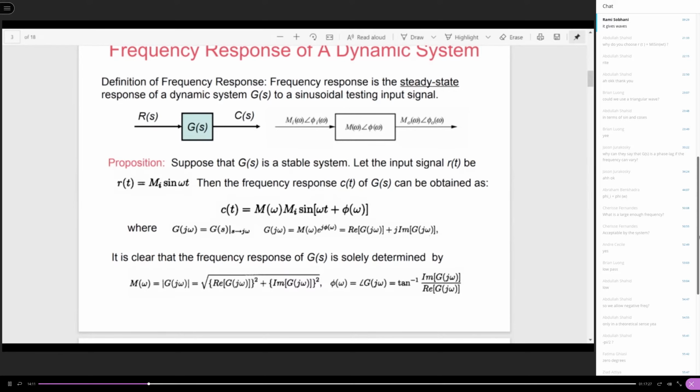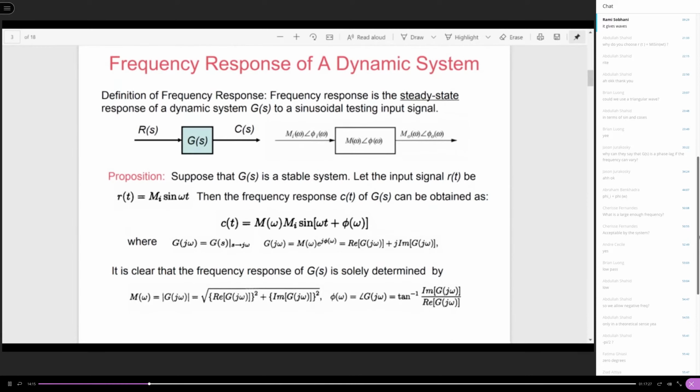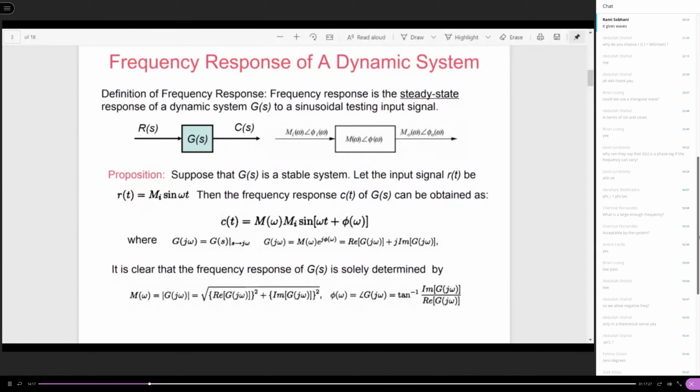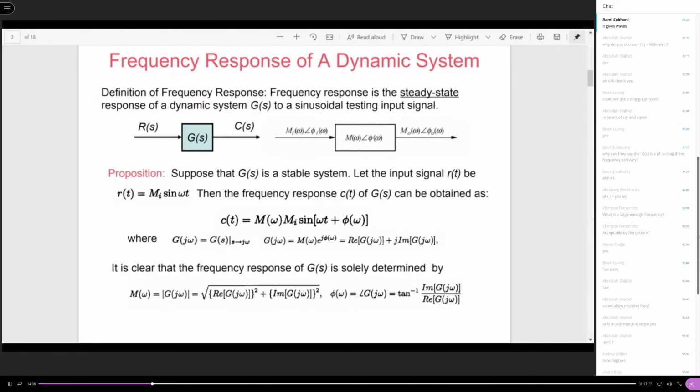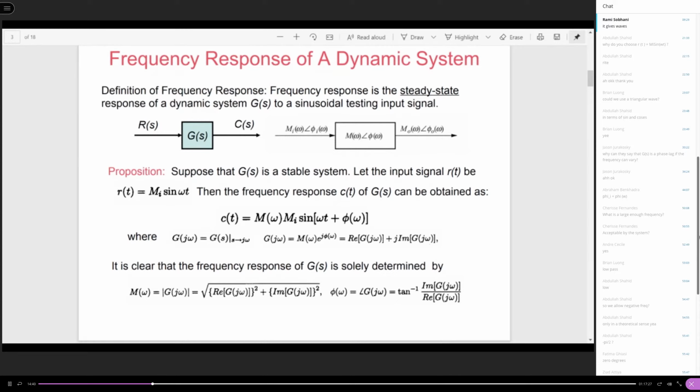Now, what is the frequency response? Frequency response is the steady state response of a dynamic system G of S, where G of S here is a transfer function model, to a sinusoid testing input signal. Now, the key word here is steady state, okay?